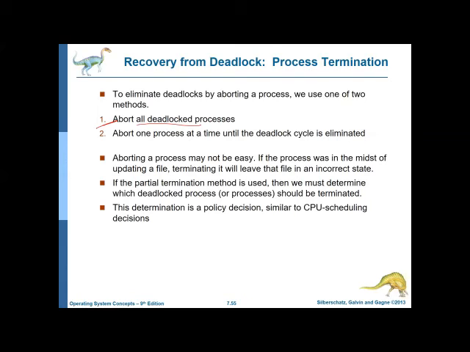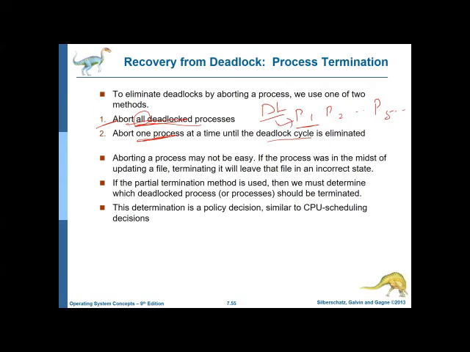Another option is we abort only one process at a time until the deadlock cycle is eliminated. In the previous case, we abort all the processes. That was the difference. But in this case, we abort just one process at a time until the deadlock cycle is eliminated. Say we have many processes, P1, P2, up to P5, and suppose these are the list of deadlocked processes.